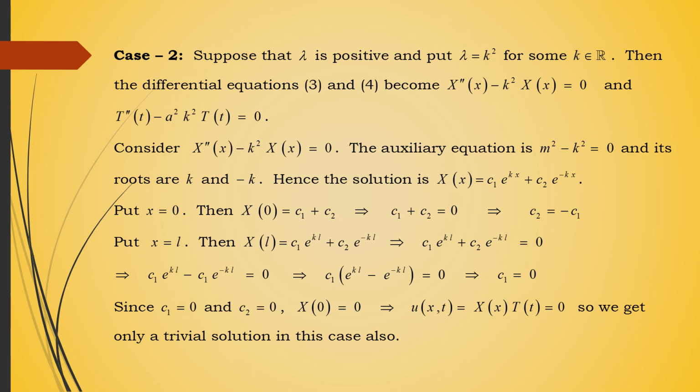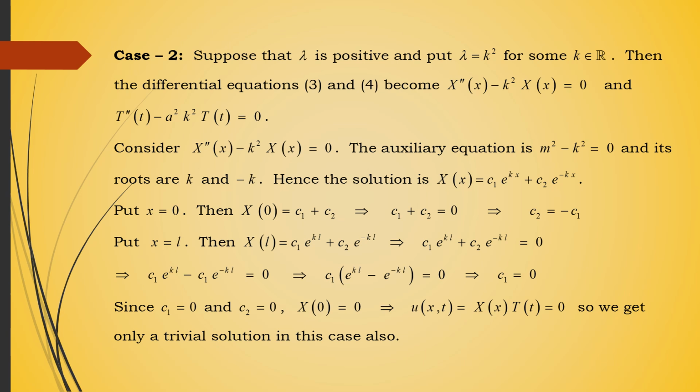Now consider X of x equals c1 e power kx plus c2 e power minus kx. Put x equals 0 first. Then we obtain capital X of 0 equals c1 e power k times 0 plus c2 e power minus k times 0, which implies X of 0 equals c1 plus c2.